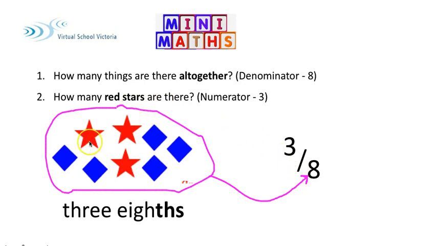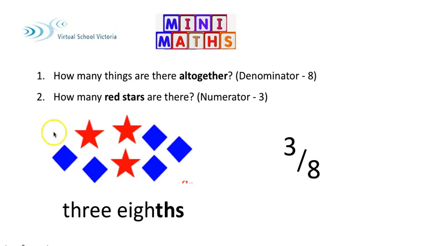We're focusing on the red stars. That makes our numerator. So the number of red stars, the numerator, is 3, but the denominator altogether is 8. And of course the fraction is 3/8, and when we say it, it's the THS on the end, the eighths.